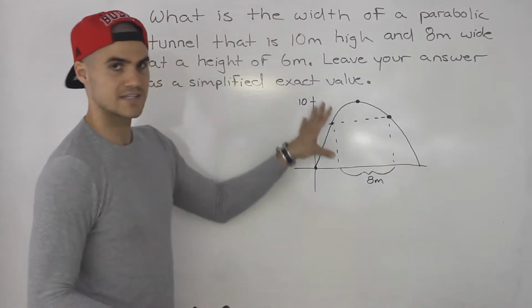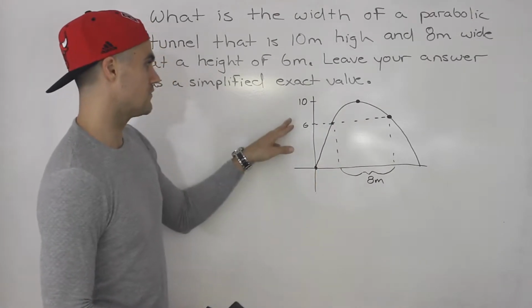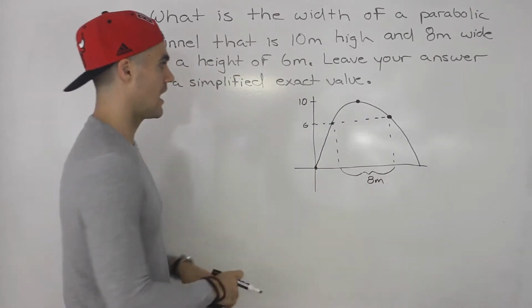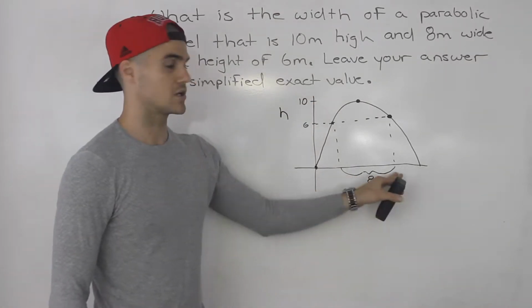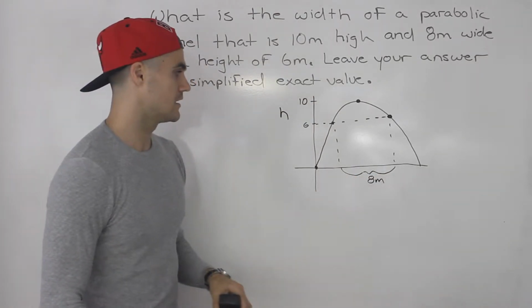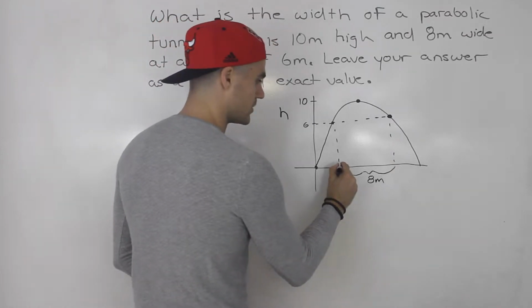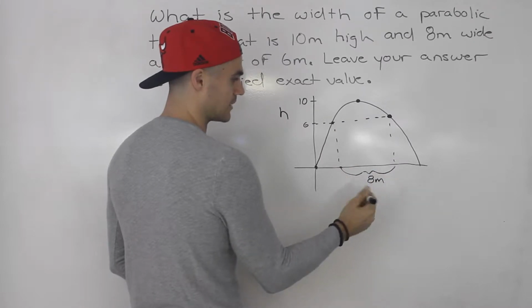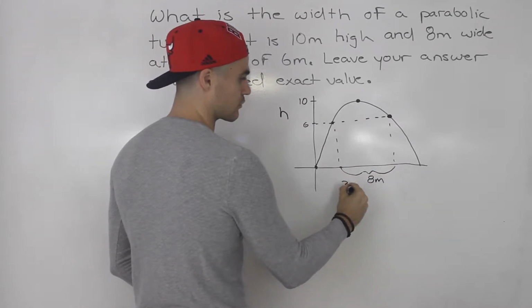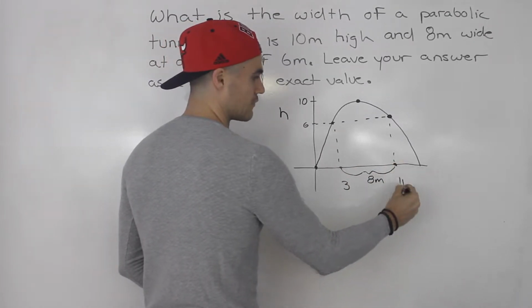Well, the problem with this diagram here is we're given a lot of information about the height, right, about this axis, but we're not given too much information about the x-axis. Reason is that these points here, so at a height of 6, can be anywhere. So for example, this could be like 3 and 11, right?